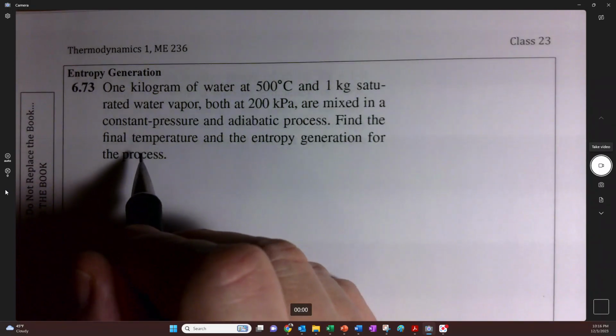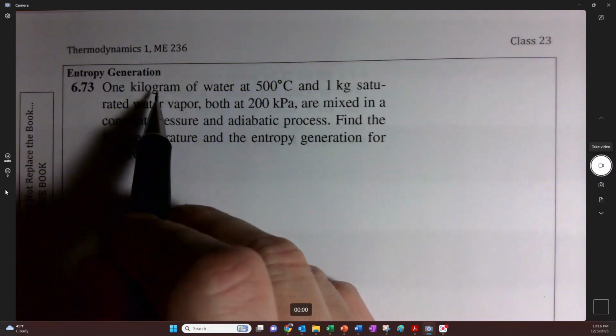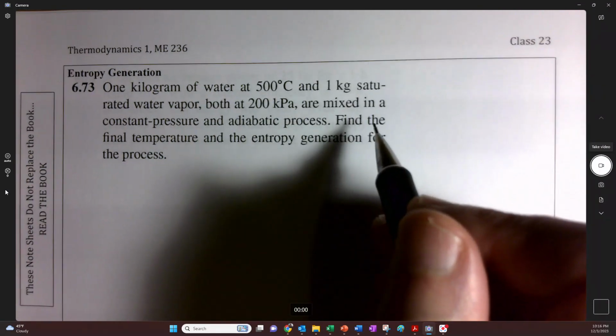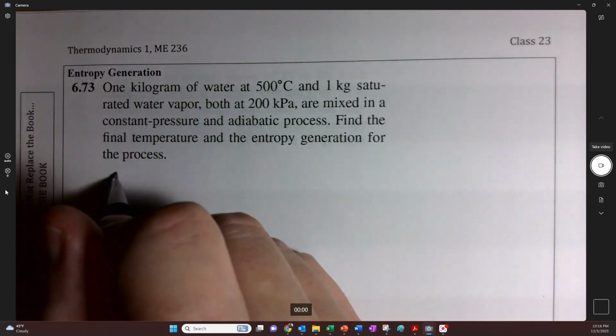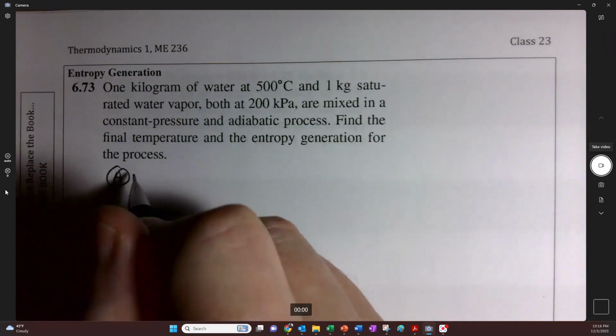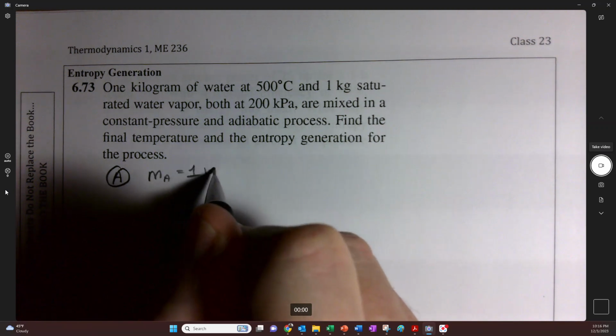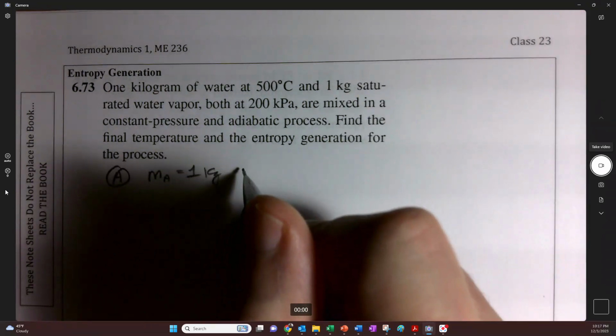So I decided to call, we have two sets of masses. Let's call one of them A and one of them B to try to keep them straight. So the mass A, MA is equal to 1 kilogram. Doesn't really make much sense, but we'll do it anyway.